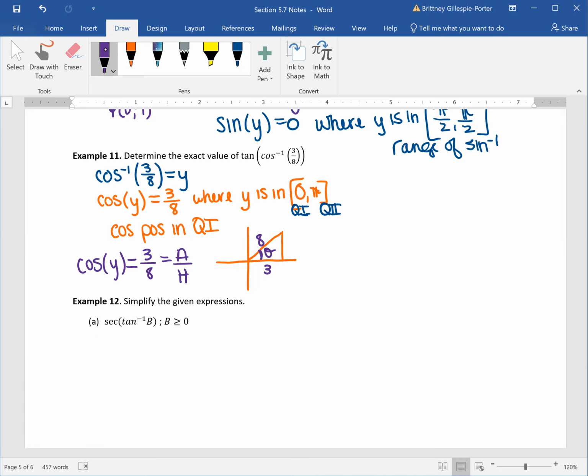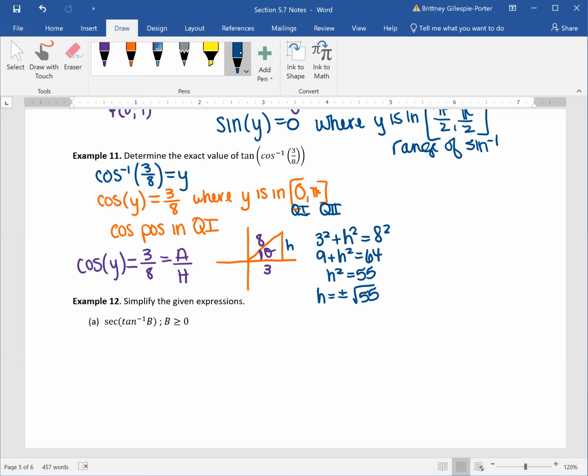So we're going to be using the Pythagorean theorem to find the height. So 3 squared plus h squared. You could use a y if you want. I'm using an h for height. Is equal to 8 squared. So 9 plus h squared is equal to 64. H squared equals 55. So we know that h is equal to plus or minus the square root of 55.